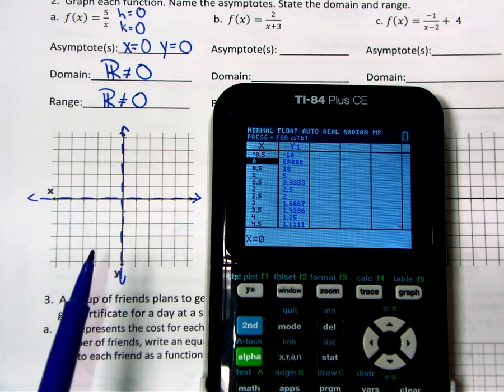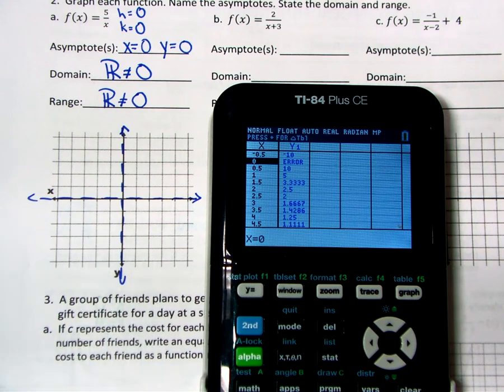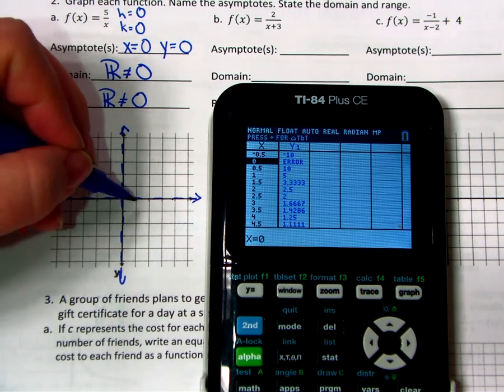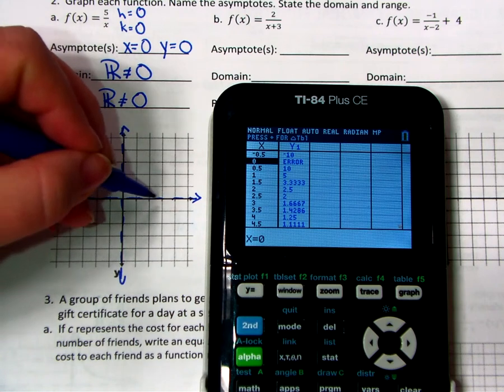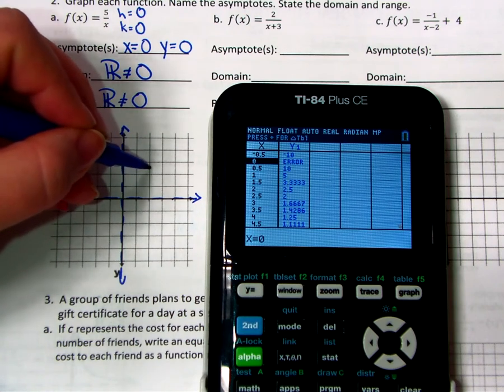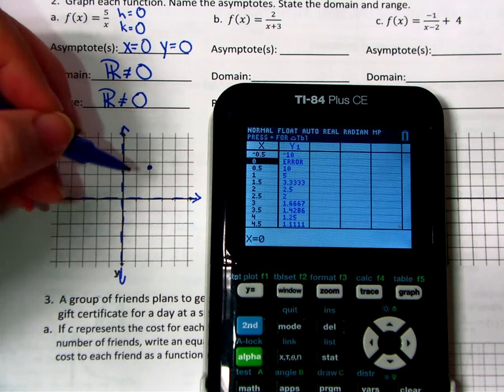You'll notice that when you get an asymptote, you get an error. So you're going to plot those points on there. So take a few moments, take a look at your graph, and plot the points. So I've got one at 0.5, 10, that doesn't show up, but 2 and 2.5.